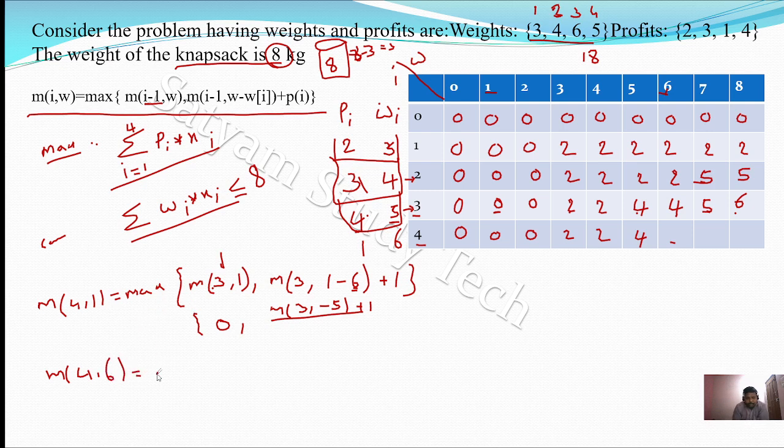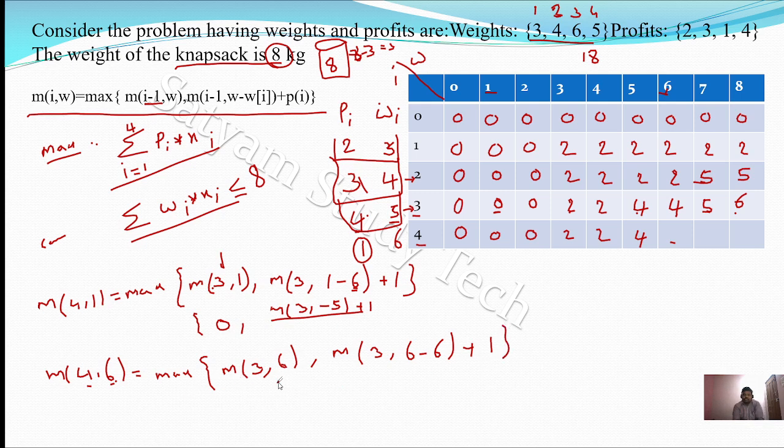That is equal to maximum of m of I minus 1, that is 4 minus 1, that is 3, comma w, so w is 6, comma m of I minus 1, that is 3, comma w minus w of I. w of I means w of 4, w of 4 is 6, plus p of I, that is p of 4, and p of 4 is 1.